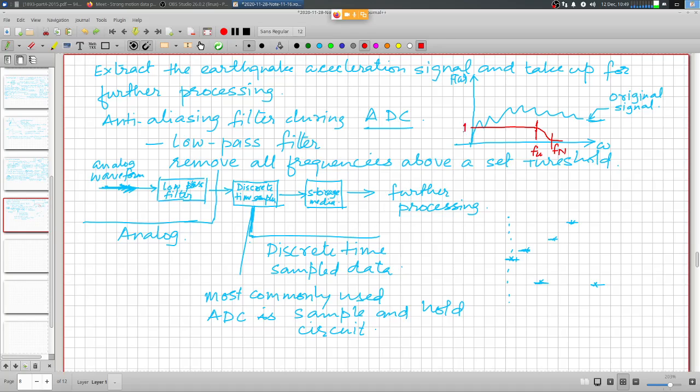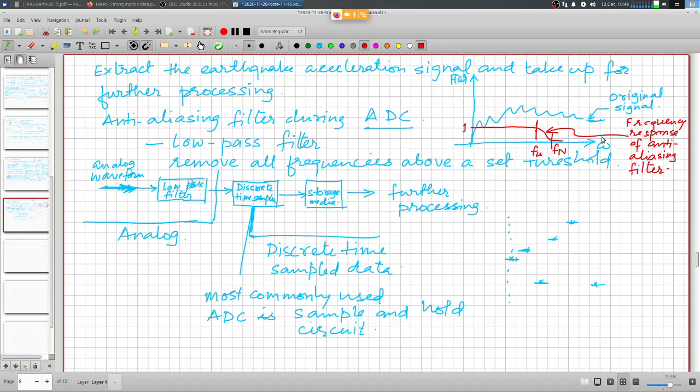Right, so this is the frequency response of the anti-aliasing filter. So you can see that up to this upper limit FU, the signal is faithfully reproduced.